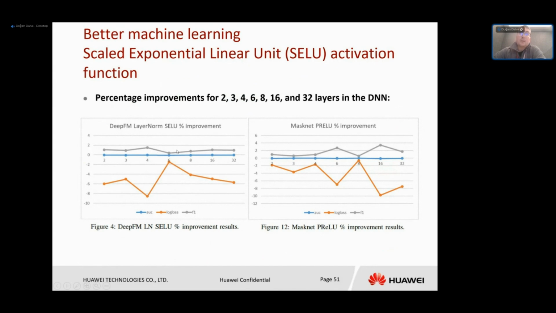For MaskNet, with DeepFM SELU improves the results, and for MaskNet PReLU improves the results. So changing the activation function using the SELU activation function improves the results for CTR prediction.